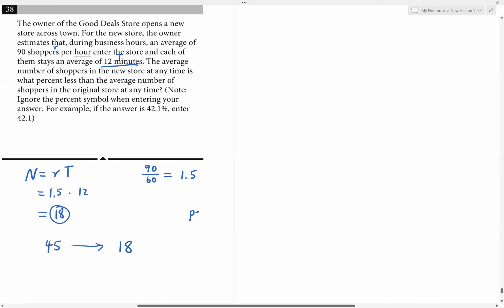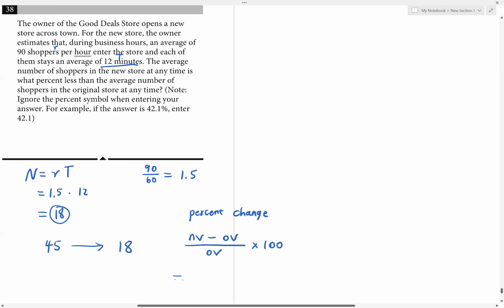Percent change is always the new value minus the original value, divided by the original value, and then that times 100. This will convert it into a percent.